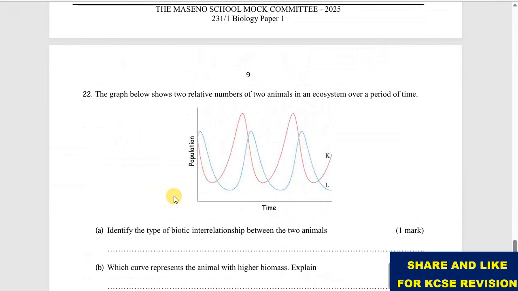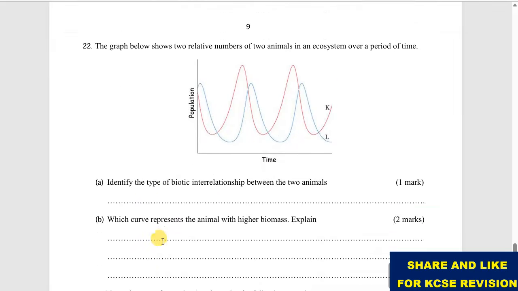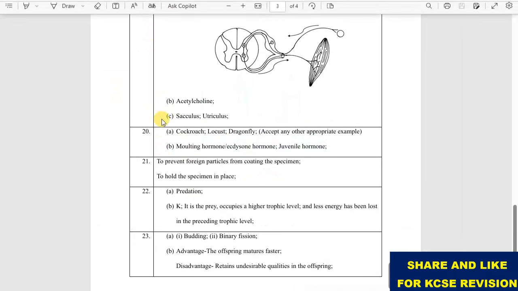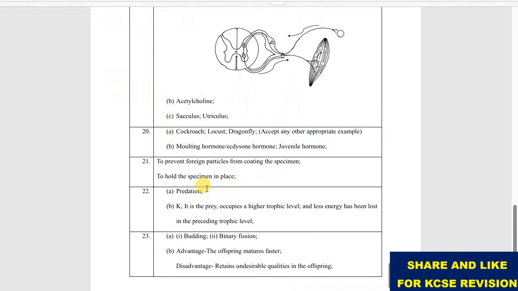The graph below shows two relative numbers of animals in an ecosystem over a period of time. Identify the type of biotic interaction between the two animals. Predation.